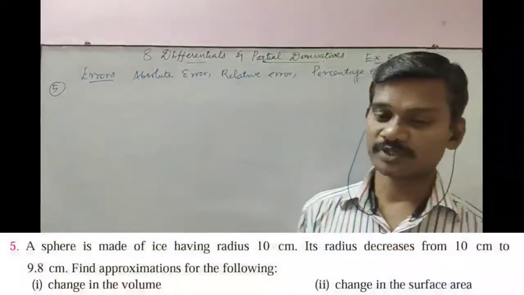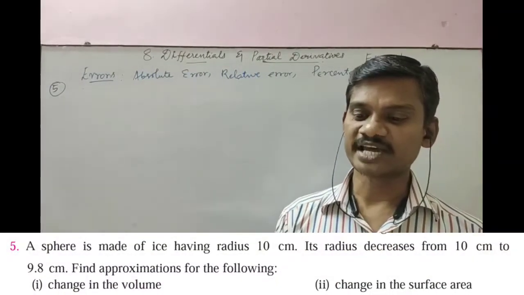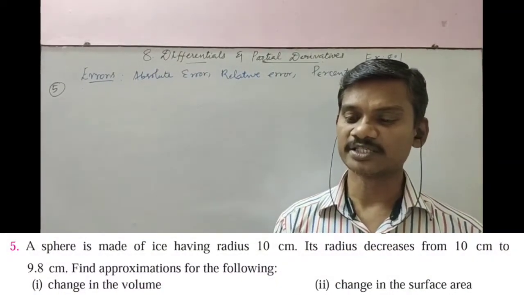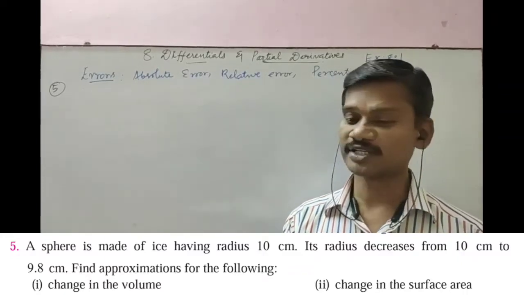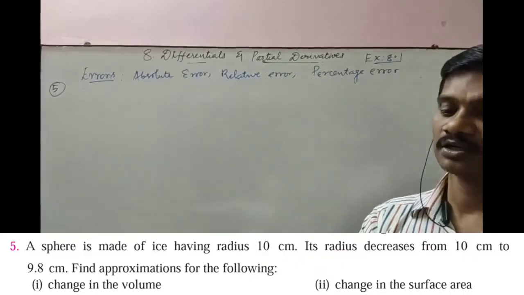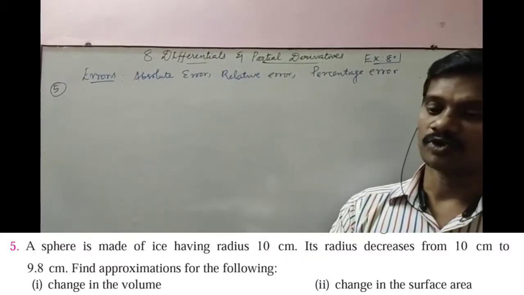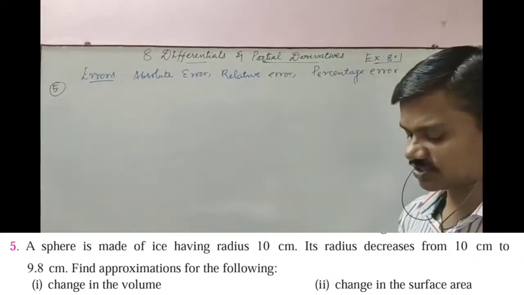Next, in the fifth sum, a sphere is made of ice having radius 10 cm. Its radius decreases from 10 cm to 9.8 cm. Find the approximations for the following. First one is change in volume. The second one is change in the surface area.